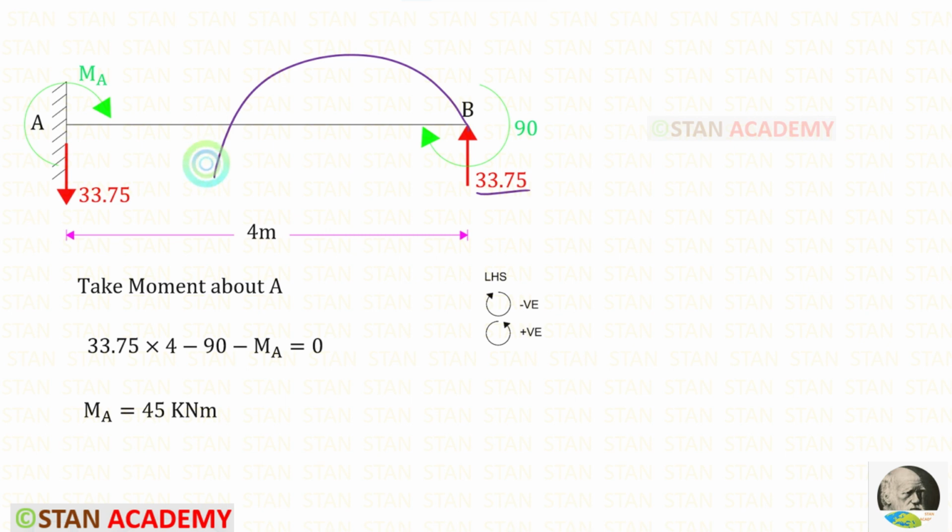RB1 is acting in the anti-clockwise direction so that it will be positive and the distance is 4. The moment 90 is acting in the clockwise direction so that it will be negative. Let us assume that MA is acting in the clockwise direction, so it is also negative. Finally, for MA, we will get 45 kilonewton meter.